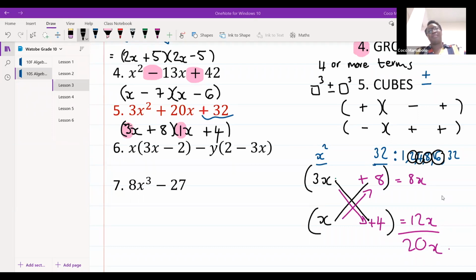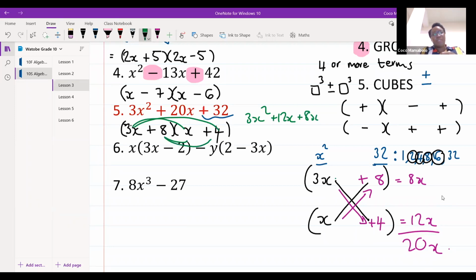Now, how do we get the 32? The 32. Okay. So remember, let's say, for instance, I ask you to simplify this, Jasmine. What you're going to do is the top, bottom thing. So I'm going to go 3x times x. That's going to give me 3x squared. 3x times 4 will give me 12x. And then 8 times x will give me 8x.